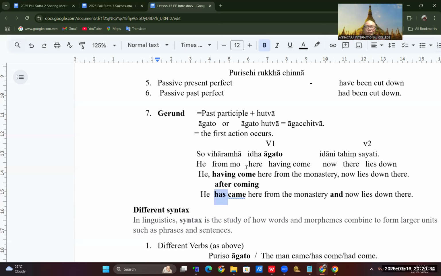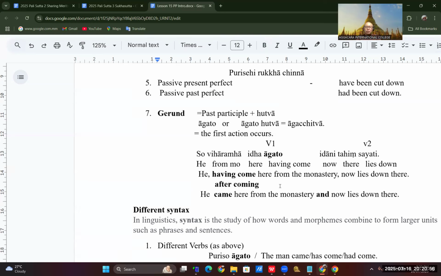Maybe it just happened yesterday or this morning, and the action continues to today, and now he lies there. So "has come" is better. After coming, or have come, that's better.